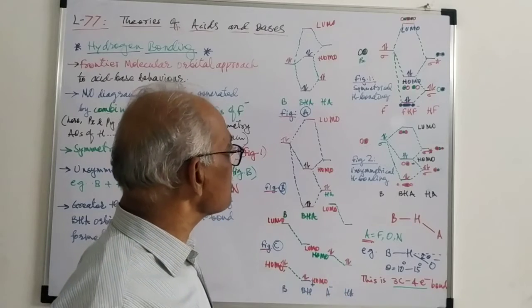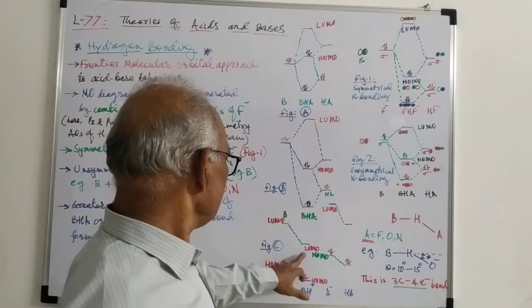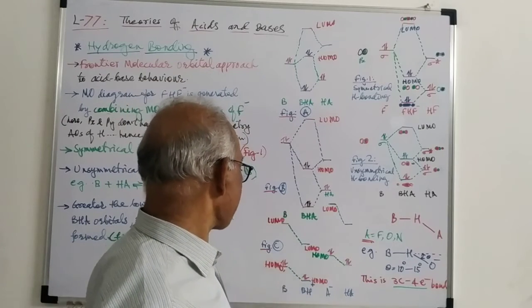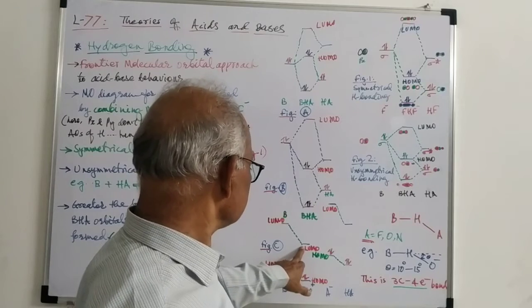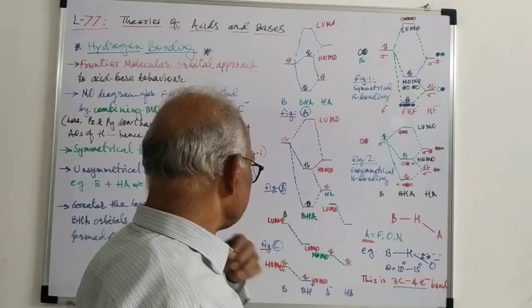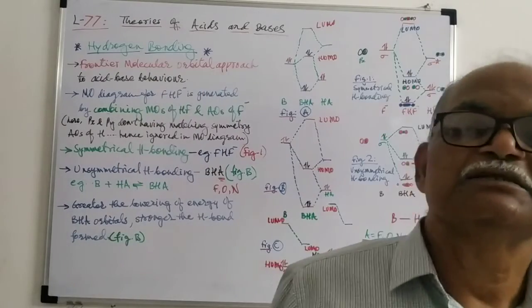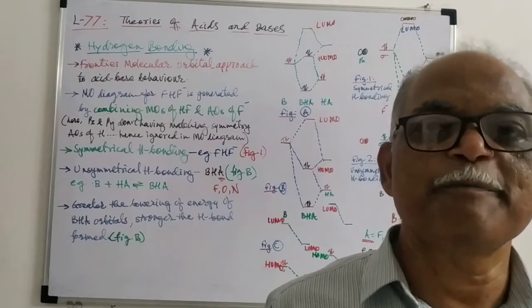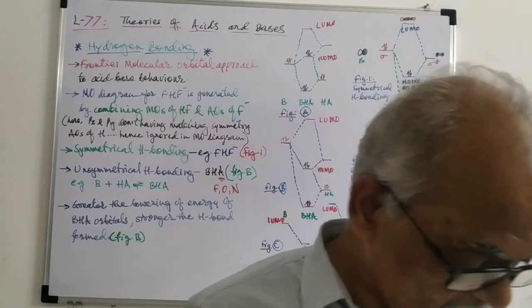So this is also not giving suitable condition. So this is the HOMO. So you will see that this HOMO is higher energy than this HOMO. So therefore this condition, this figure C, shows that the formation of BHA is not possible here.